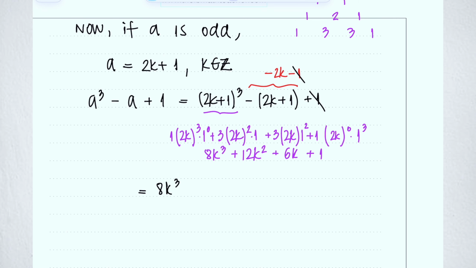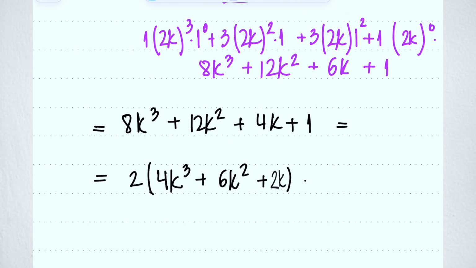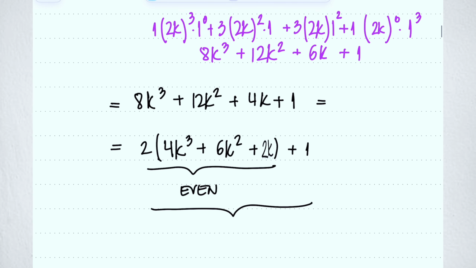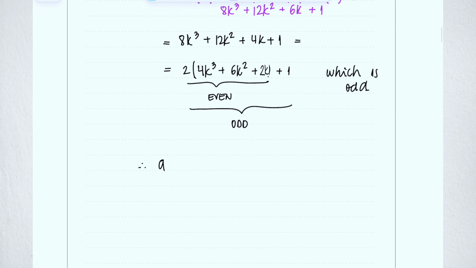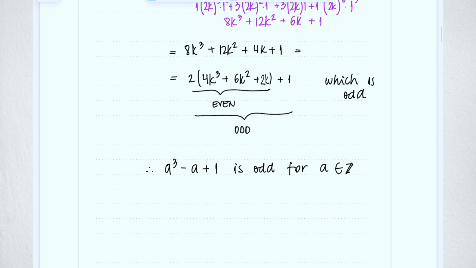So we get 8K cubed plus 12K squared plus 4K plus 1, which means that we can factor out a 2 in the first 3 terms. So 2 times 4K cubed plus 6K squared plus 2K, plus 1. This is even. Even plus 1 is an odd number. Therefore, A cubed minus A plus 1 is odd for all positive integer values of A.